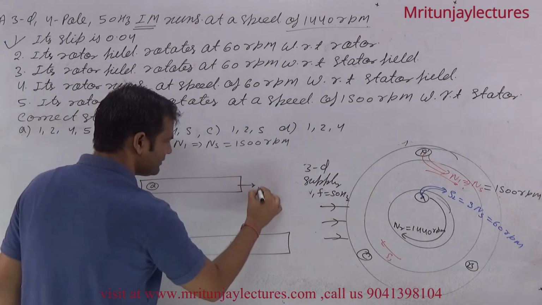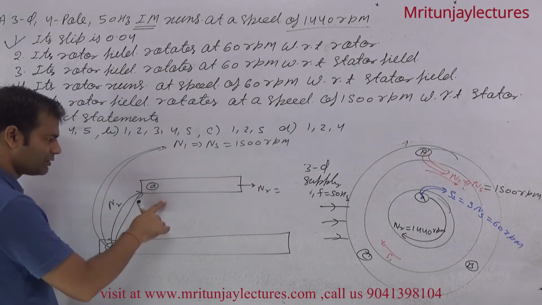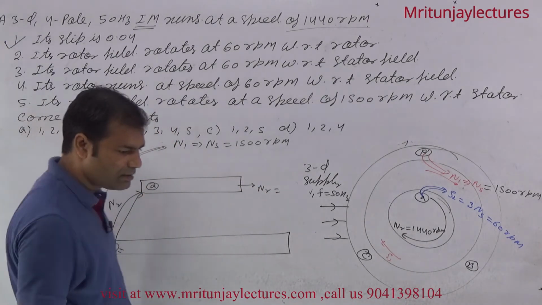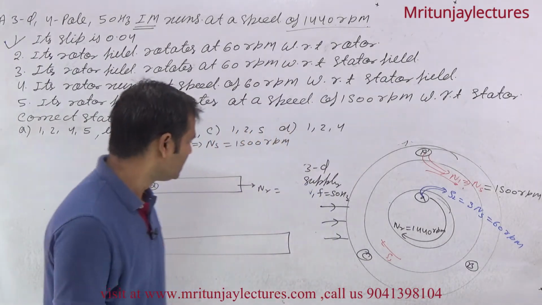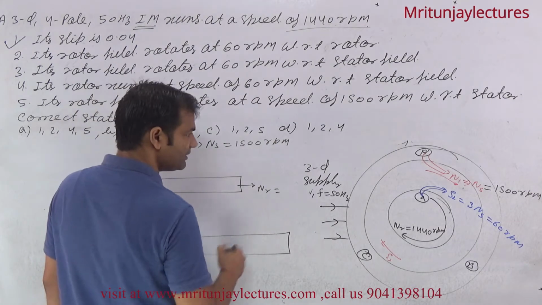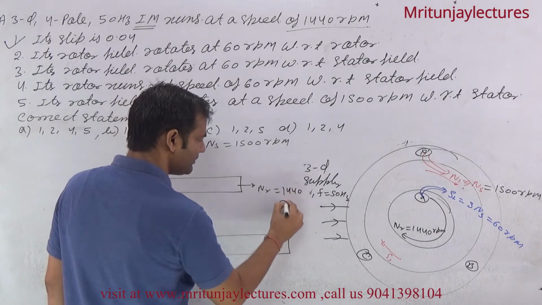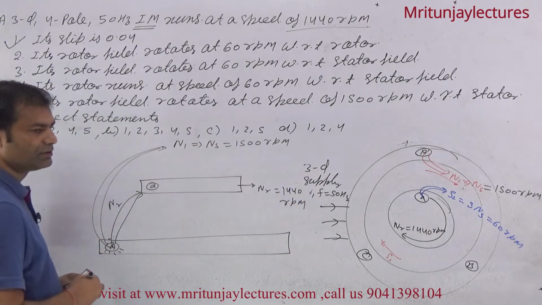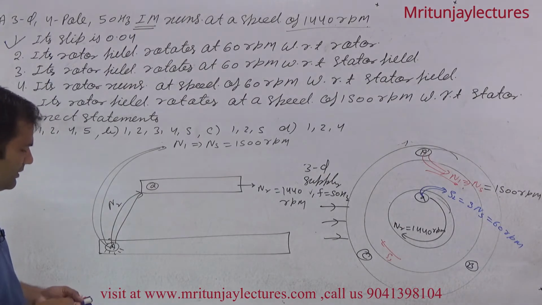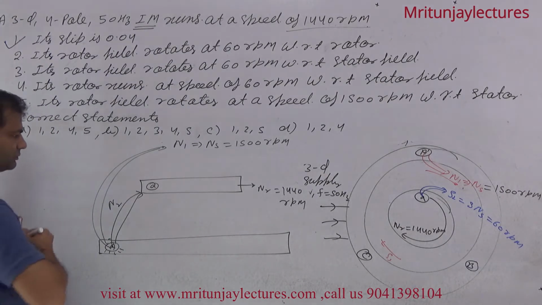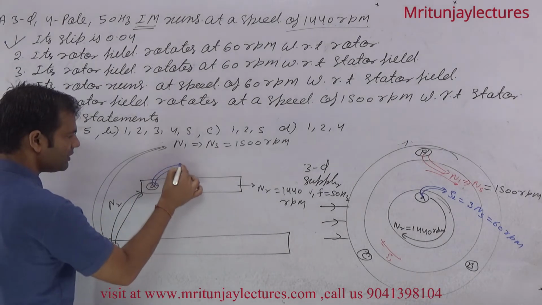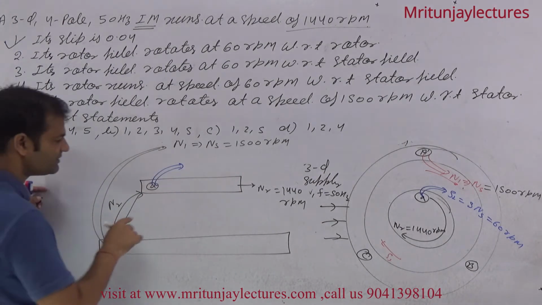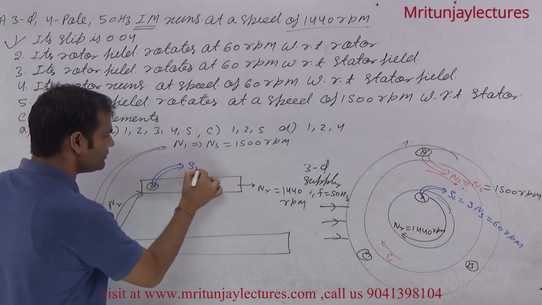What about NR? The speed of the rotor winding with respect to the stator winding is NR. Which speed? That is 1440 rpm. Clear? Now what about the speed of the rotor field with respect to the rotor winding, S2, that is S Ns?